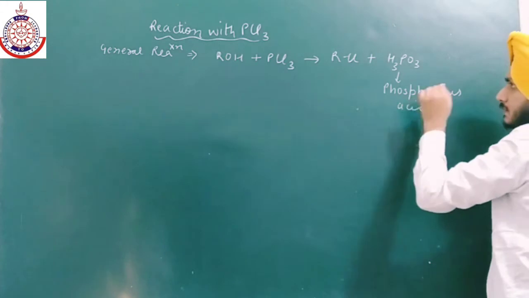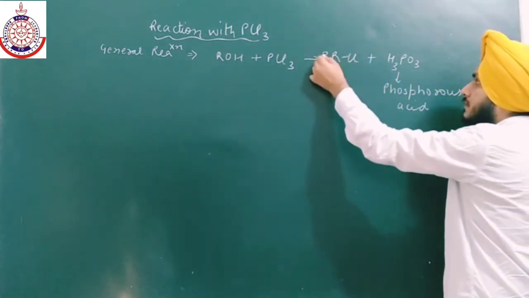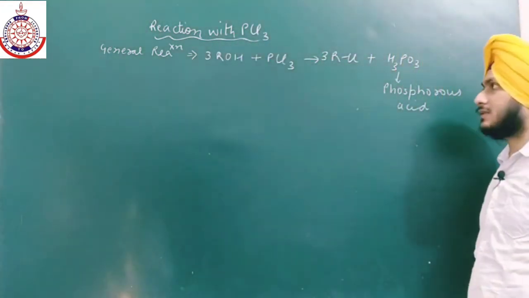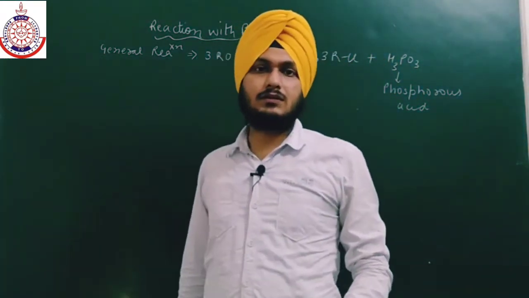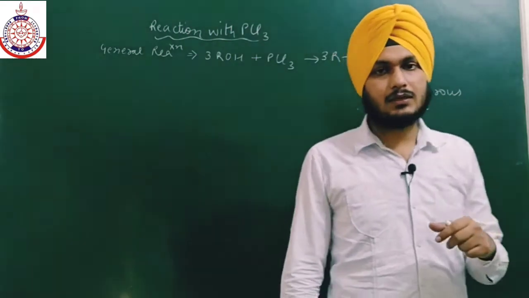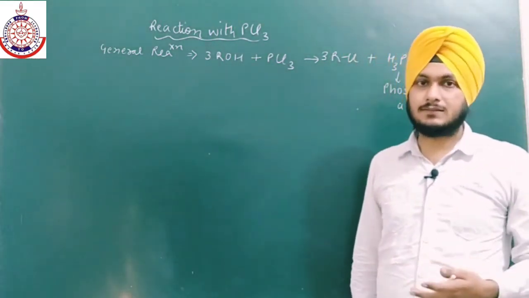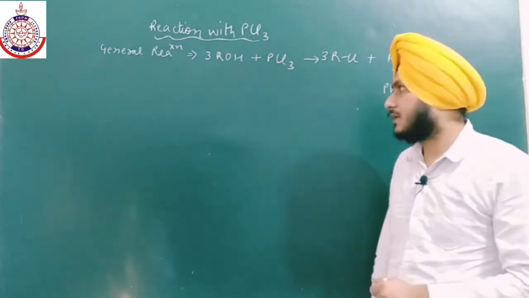Now we have to balance the equation, and we have 3 over here and 3 over here. So this is the balanced equation. The preparation of haloalkanes from phosphorus halide is quite convenient, because the yield comes out to be above 80%.